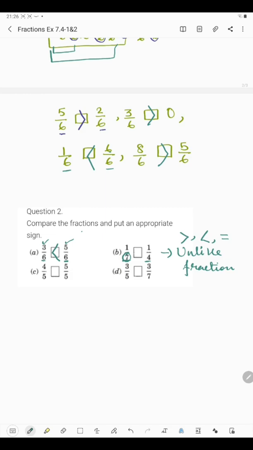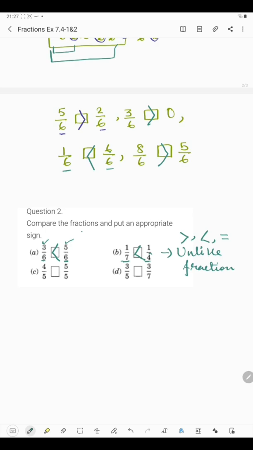Okay, if we see the greater number in the denominator, then the fraction will be smaller. And the number which is smaller in the denominator, then the fraction will be greater. Okay, so here we can see that 7 is greater than 4, so 1 by 7 is smaller than 1 by 4. So if the numerator is the same, that time we compare the denominator. If the denominator is greater, then the fraction will be smaller, and if the denominator is smaller, then the fraction will be greater.